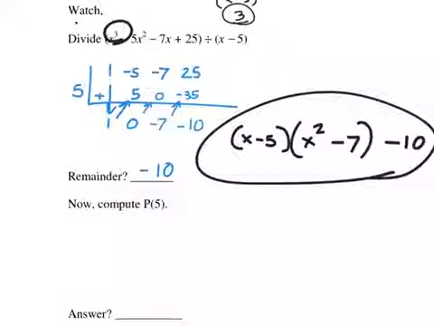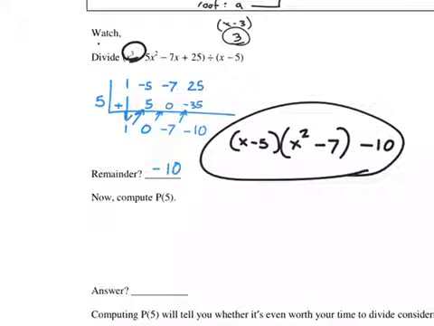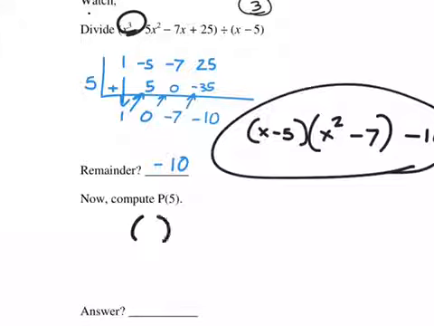Okay? So now let's compute P of 5, which would be the same thing as F of 5. They just used letter P here. So I'm going to take my original expression, which was x cubed, and I can't see, I think that's a minus sign there. Okay.